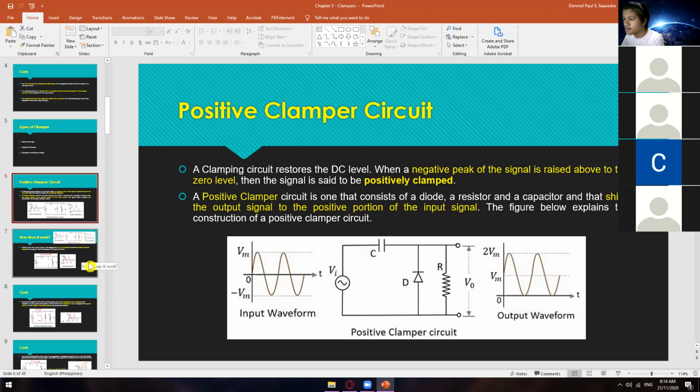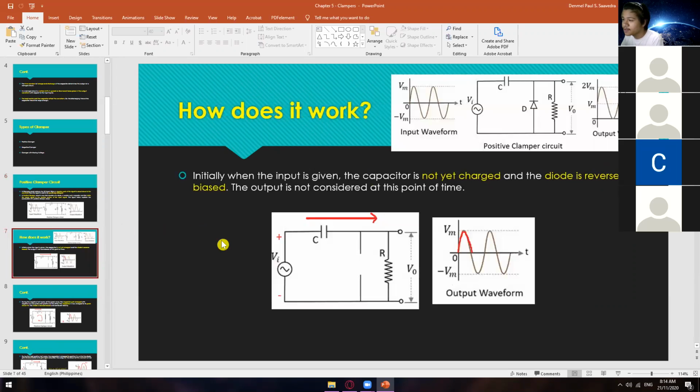All right, so let's go back to the positive clamper. How does it work? Initially, we have this kind of setup wherein we go with the positive half wave first. As you can see, positive here and negative here, and then positive to negative and negative to positive.